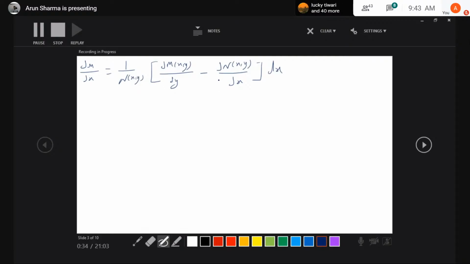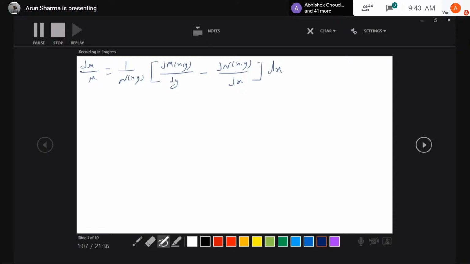So if this is a function of y, it should be del mu upon mu, not del mu upon del x. Oh yeah, sorry, it's del mu upon mu. So this is del mu upon mu equals to 1 upon N(x,y) times del M(x,y) upon del y minus del N(x,y) upon del x, dx.